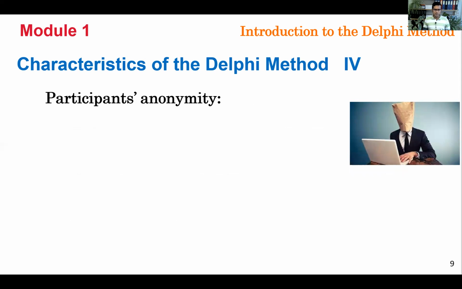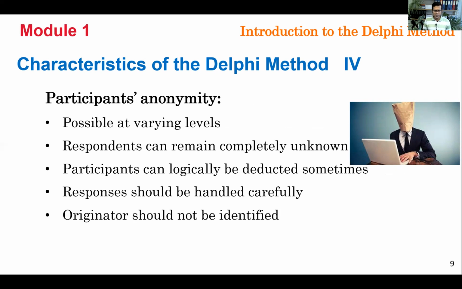Participants' anonymity. Depending on the format of the Delphi, anonymity is possible at a varying level. Where the Delphi is performed as a typical survey, respondents can remain completely unknown to each other, with there being no potential for other participants to ascribe a response to any individual. Variations are possible when the participants come face to face with each other and in highly specialized areas with limited numbers of available expertise.